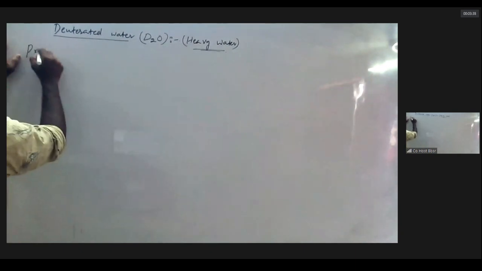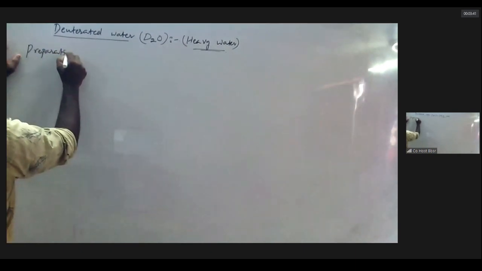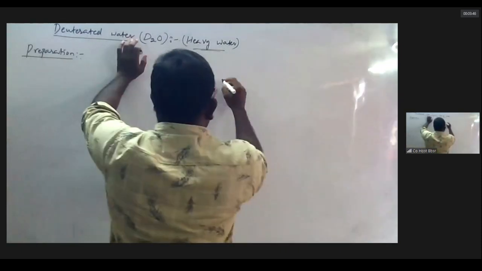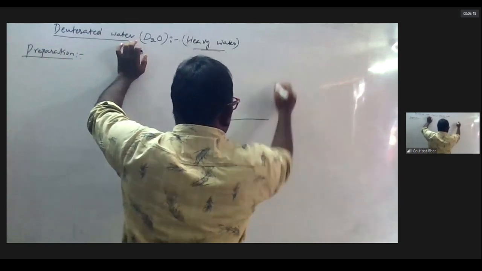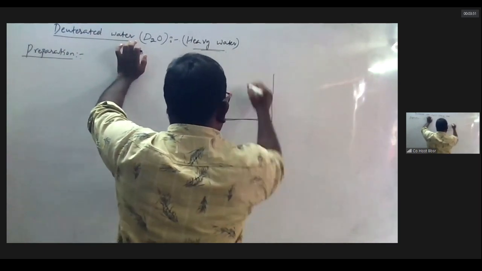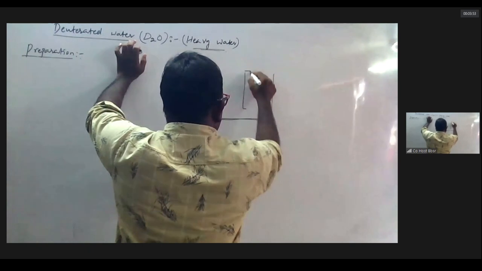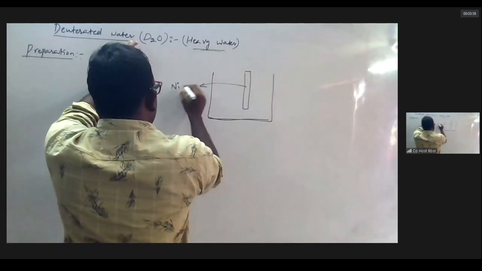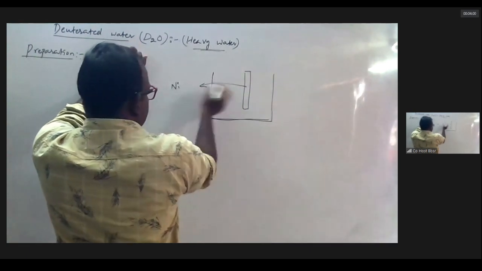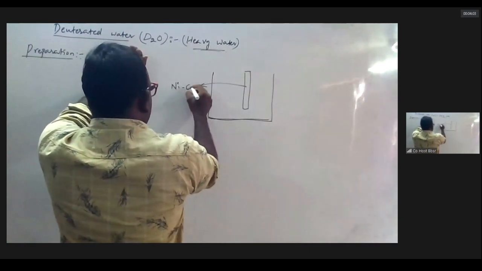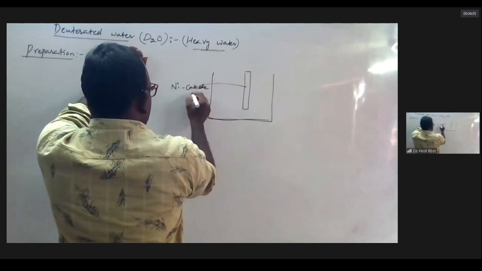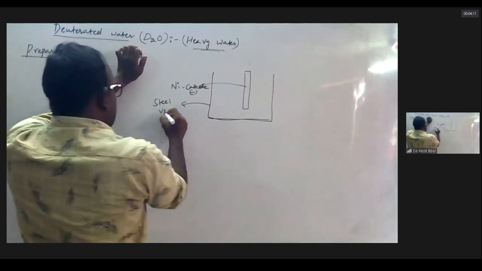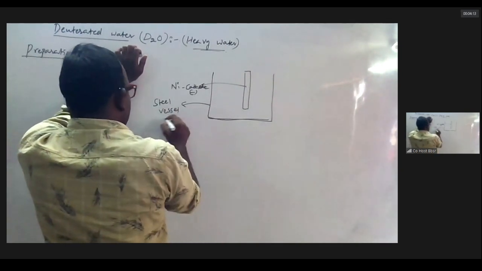First, this is preparation. How to prepare this one, right? So we'll take here this nickel content. This is nickel rod, this is nickel cathode. This is negative. This is steel vessel. This is positive anode.